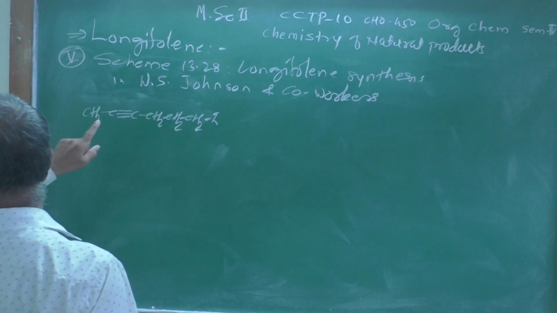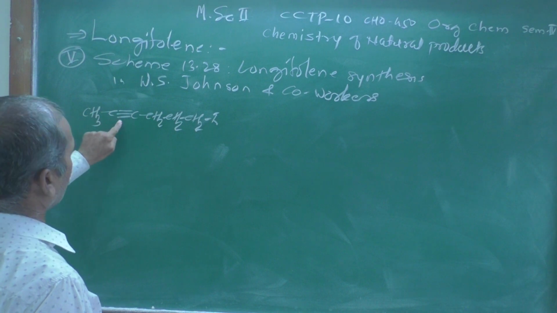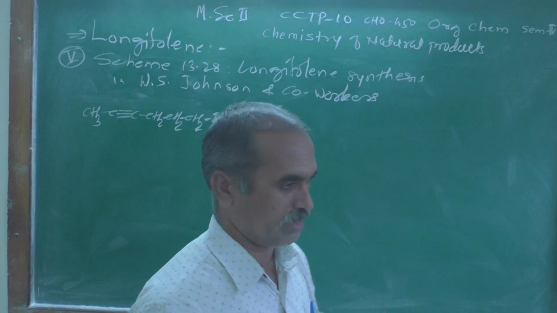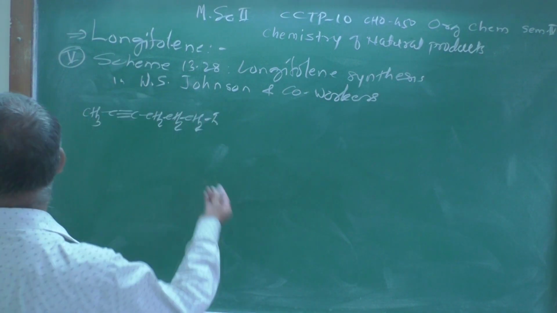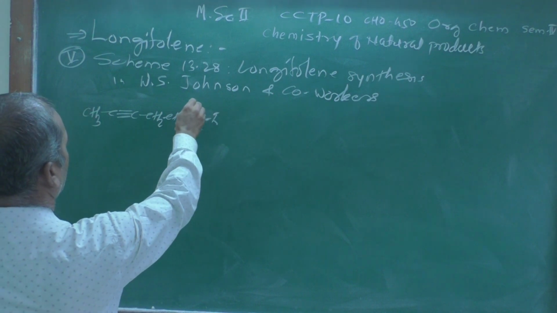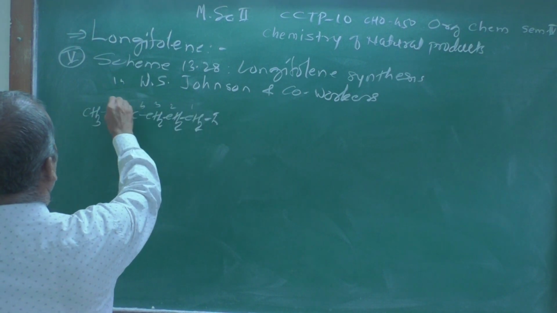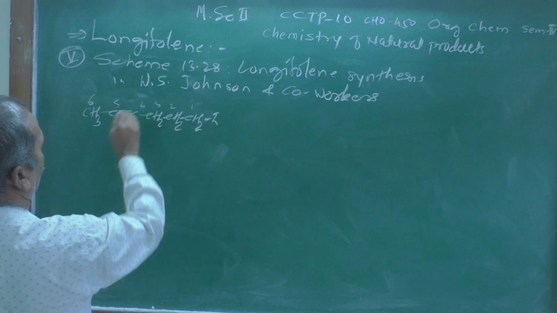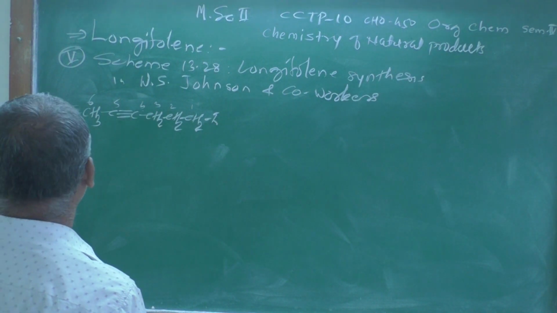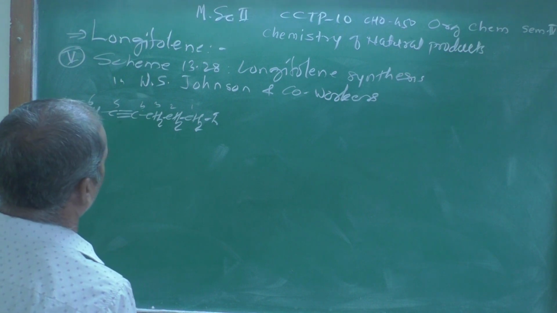But the functional groups present over here are the carbon-carbon triple bond as well as the halide. To start the numbering, you can give the numbering from this side, 1, 2, 3, 4, 5 and 6. At the 4 position the triple bond is present.